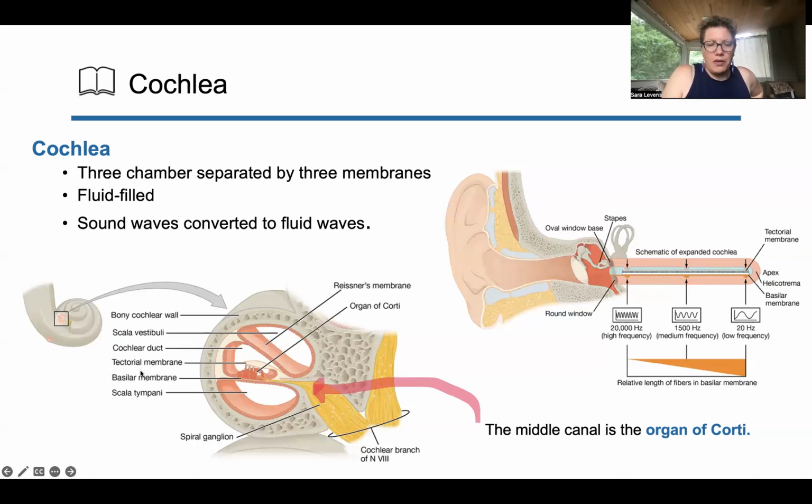So in this organ of Corti, where these receptors are living, the tectorial membrane is right here. This is part of what is being vibrated in here. And then this is the basilar membrane, where you have some of the receptors sitting.